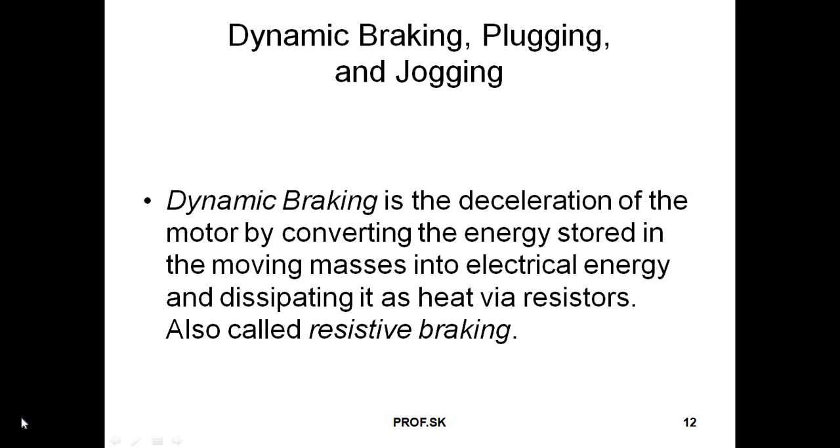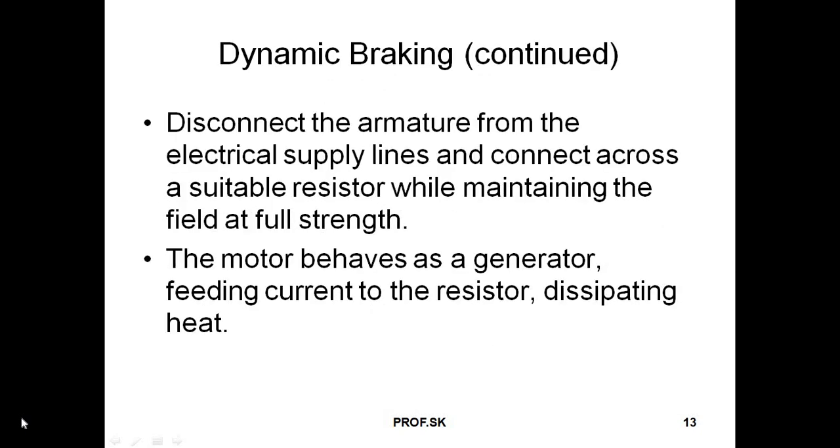Dynamic braking is the deceleration of the motor by converting the energy stored in the moving masses into electrical energy and dissipating it as heat via a resistor, also called resistive braking. Disconnect the armature from the electrical supply lines and connect it across a suitable resistor while maintaining the field at full strength.